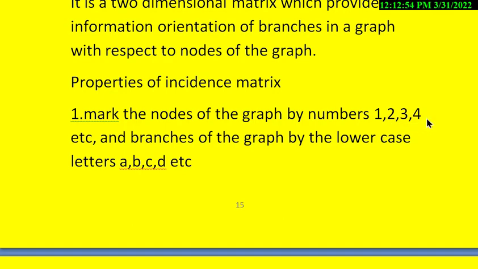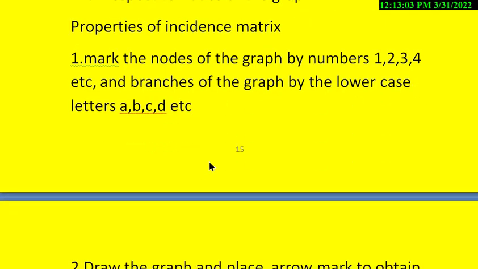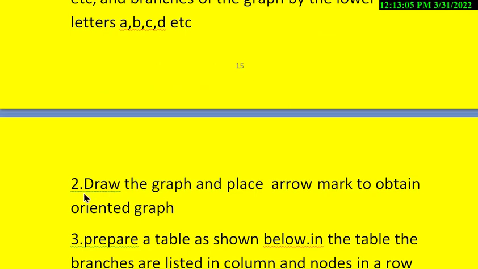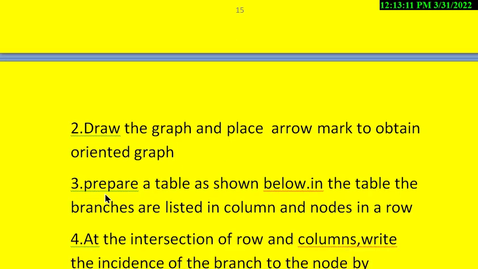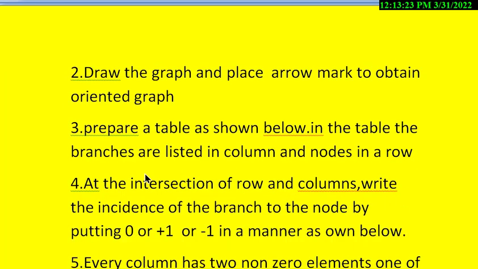Mark the nodes of the graph by numbers 1, 2, 3, 4, etc. and branches of the graph by lowercase letters a, b, c, d, etc. Next, draw the graph and place arrow marks to obtain the oriented graph. Next, the third step is to prepare a table as shown below. In the table, the branches are listed in the columns and nodes in the rows.